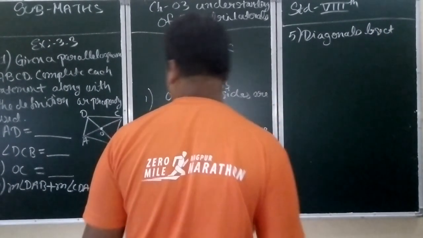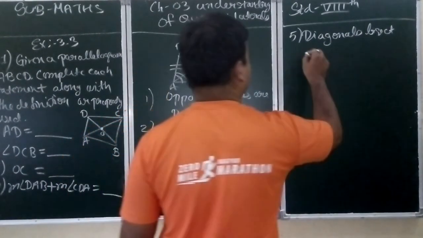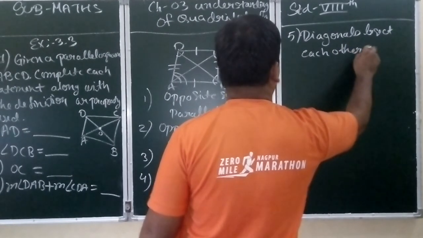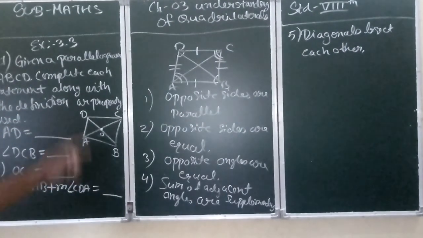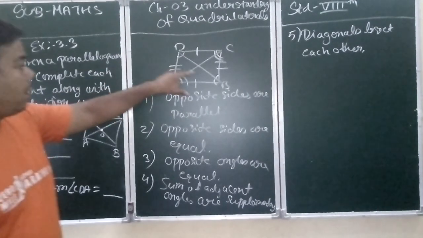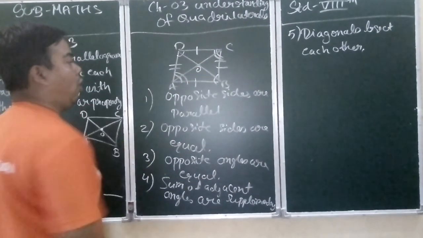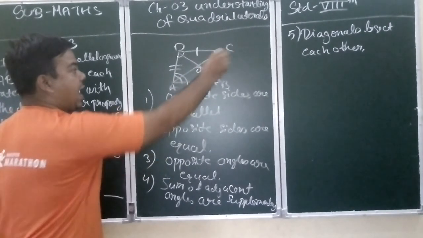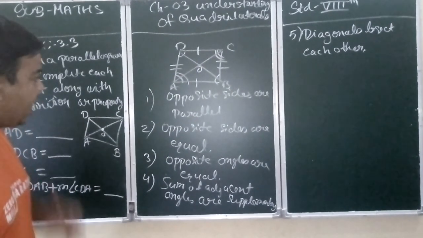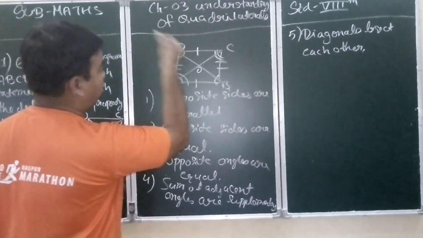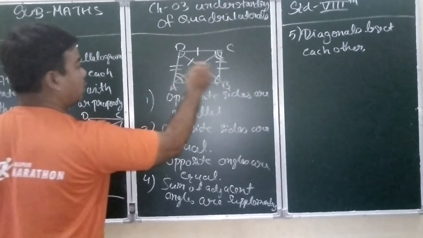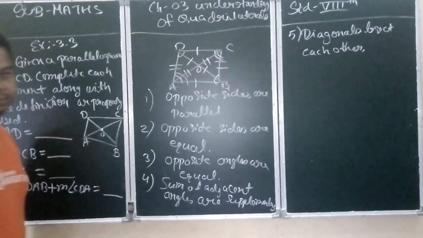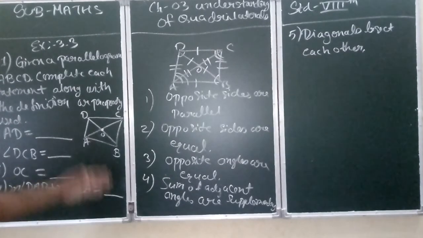It means if we put O here at the intersection of the two diagonals BD and AC, then BO is equal to OD and OA is equal to OC, like that. So these are the properties of the parallelogram.